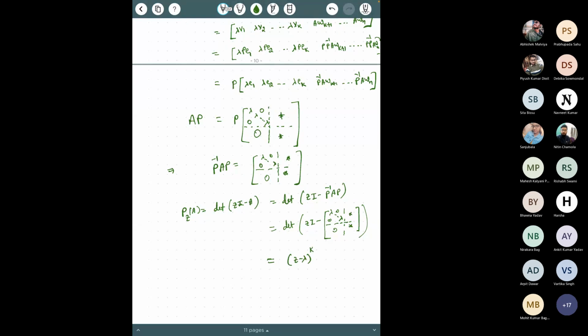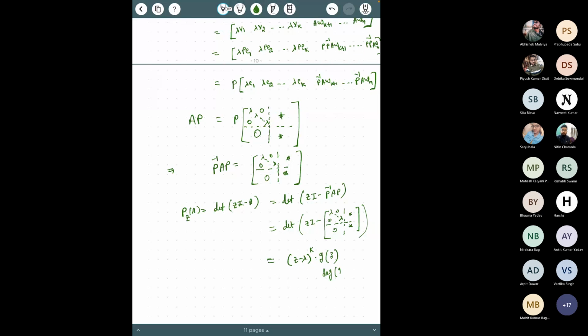So this factor appears k times, and then there is a polynomial. I don't know which one, but I can call it g(z), where the degree of g(z) is less than or equal to n minus k. So this would be the determinant.